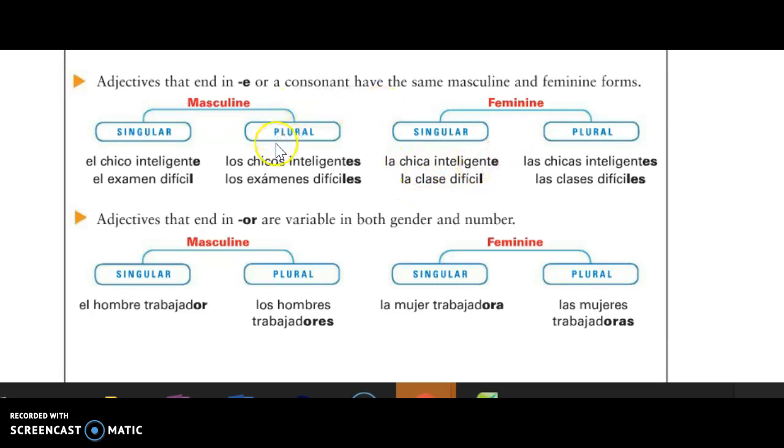And then the same with the plural form, it's los chicos inteligentes, las chicas inteligentes. So again, the adjectives that end in E or consonant have the same masculine and feminine forms. Another example is el examen difícil, los exámenes difíciles, la clase difícil, las clases difíciles.